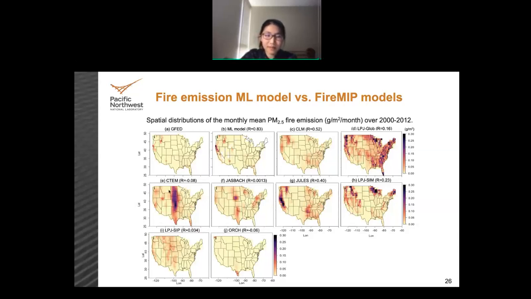Even some of them capture the wrong spatial distribution. But among these models, we found CLN is the one that performed better, where it captures the hotspots of fires over the Pacific Northwest and the southeastern US. But probably due to its coarse resolution, it overestimates them a little bit.